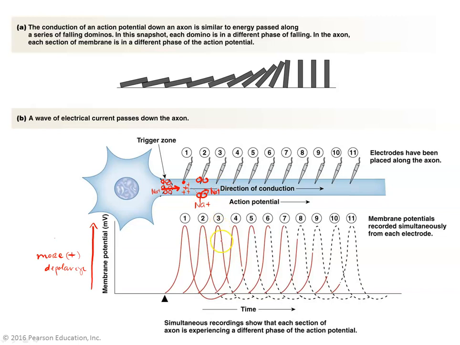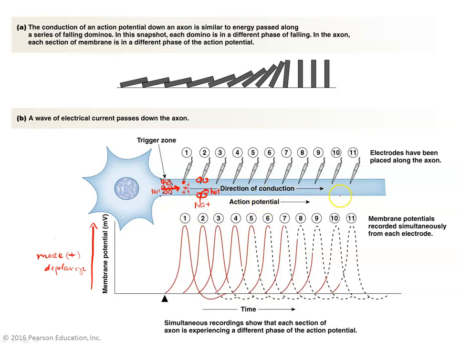Now, on this bottom side, we're starting to lose that positive charge. And why is that? You already know. It's because on this side I have sodium potassium pumps that are constantly pumping the sodium back out so I can do this process again, okay?